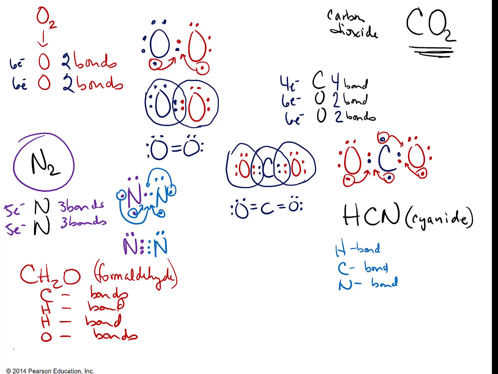Can you see how each nitrogen now has 8? It's 2 non-bonding plus the 6 it's sharing. So you would draw this N, 1, 2, 3, N, with those non-bonding or lone electron pairs, 1 pair to each nitrogen.